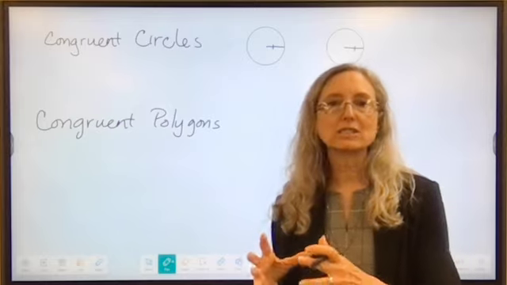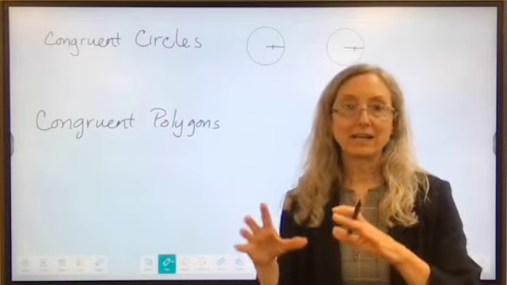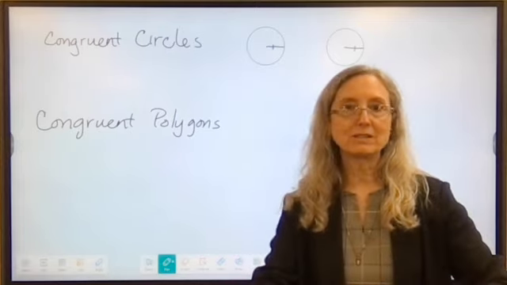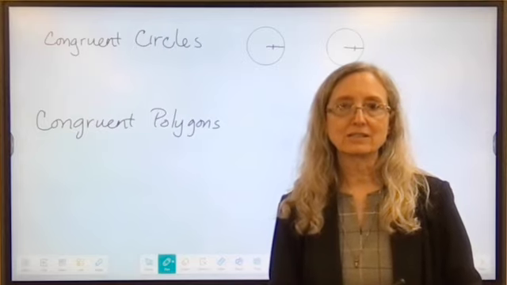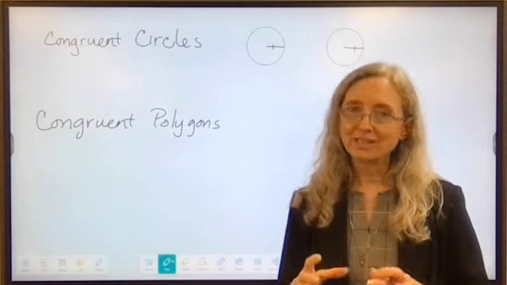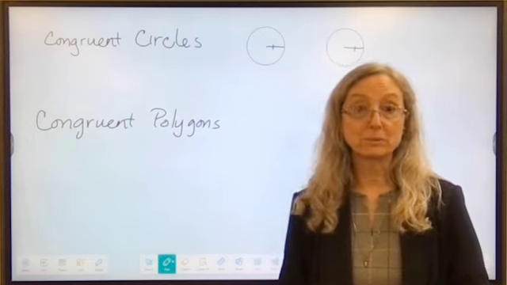So it's a copy and paste thing on a computer. If I can copy it and paste it and lay one right exactly on top of the other so it just totally everything matches up, then it is congruent. And if the two radii are the same in a circle, then they're the exact same size. And circles obviously have the same shape.